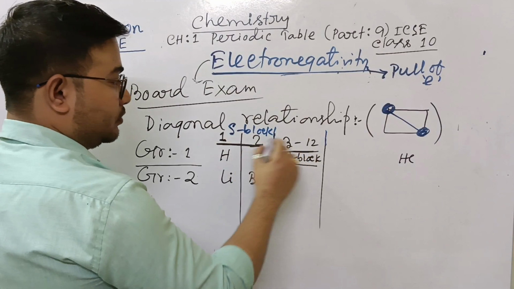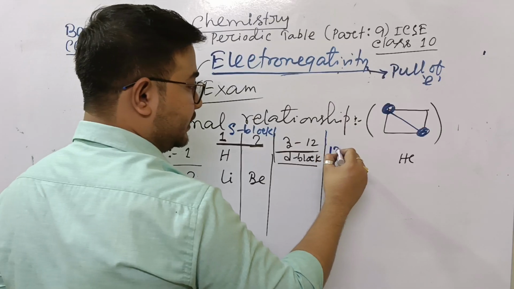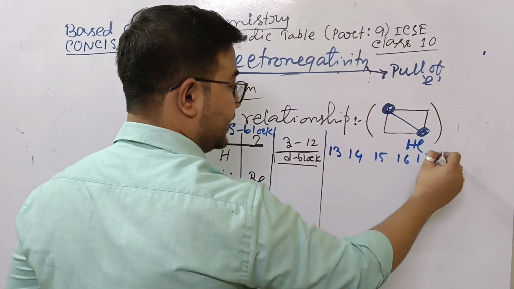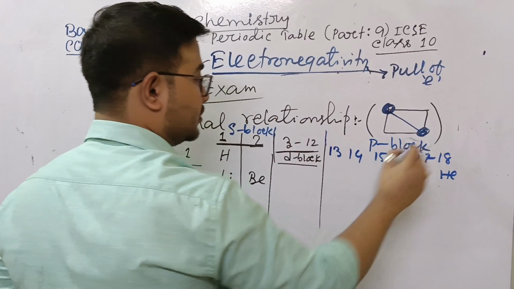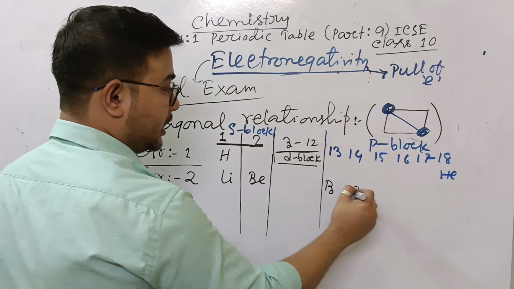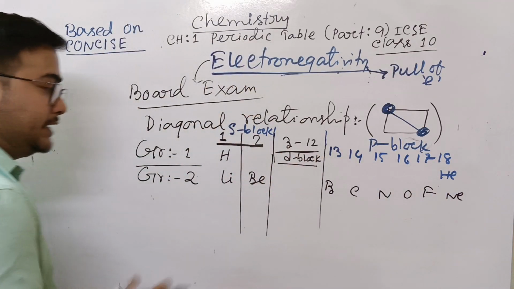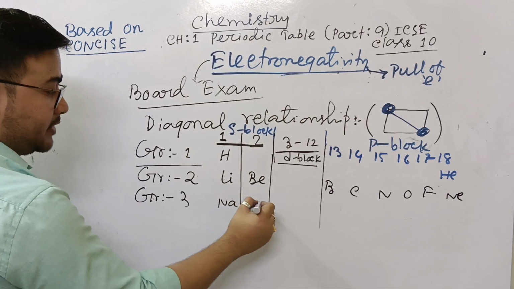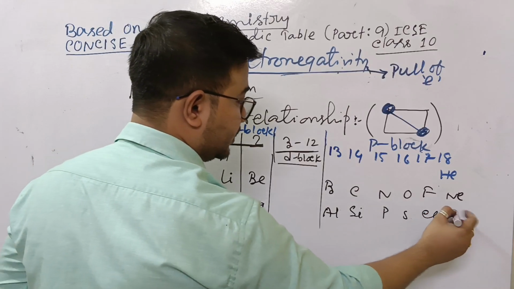Groups 1 and 2 are S block, 3 to 12 are D block, and 13 to 18 are called the P block. So in the second period we have lithium, beryllium, boron, carbon, nitrogen, oxygen, fluorine and neon. In the third period, sodium, magnesium, aluminium, silicon, phosphorus, sulfur, chlorine, argon.